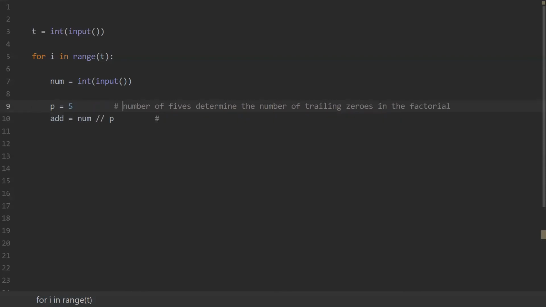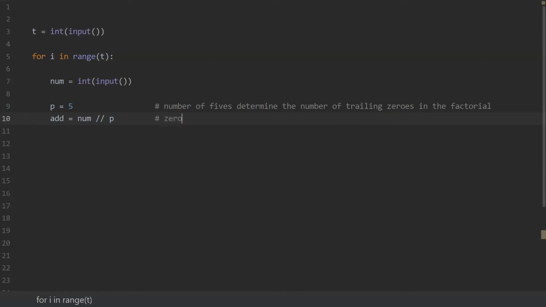The method to calculate the number of fives in the factorial is to divide the number by 5 and take the floor of that, then divide the number by 25, then divide the number by 125, and so on as long as it goes.